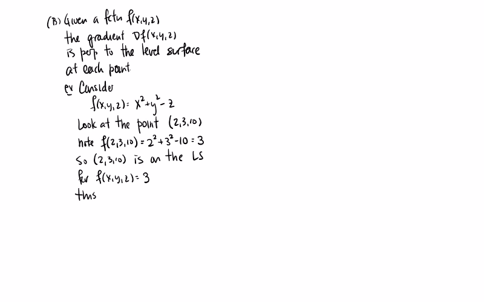So if I take that function f equal to 3, we get z equals... actually, let me just write it around. We'll add a z and subtract a 3. So z is x squared plus y squared minus 3. This is a paraboloid opening up with vertex at negative 3.